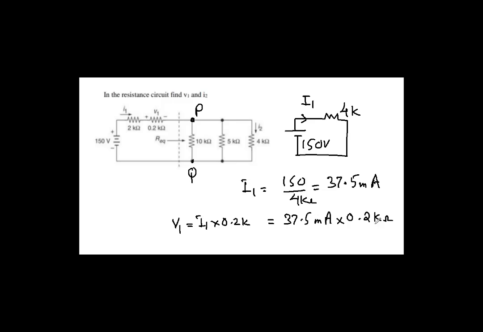What is remaining is 0.2 into 37.5, and that must be equal to 7.5 volt. So this is the drop across the 0.2K. V1 is 7.5 volt.